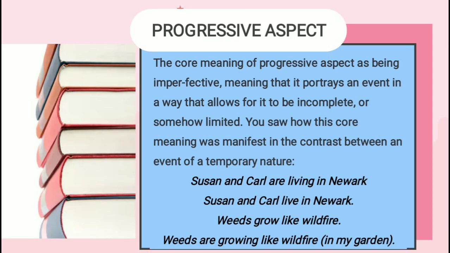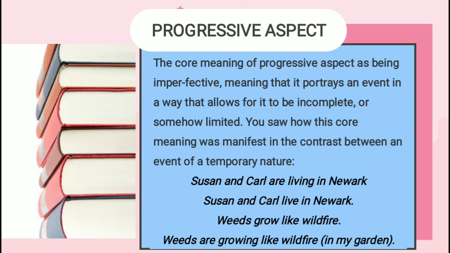Now let's move on from the perfect aspect to the progressive aspect. The core meaning of the progressive aspect is being imperfective, meaning that it portrays an event in a way that allows for it to be incomplete or somehow limited. The progressive aspect is for actions that are not continuous but not completed.